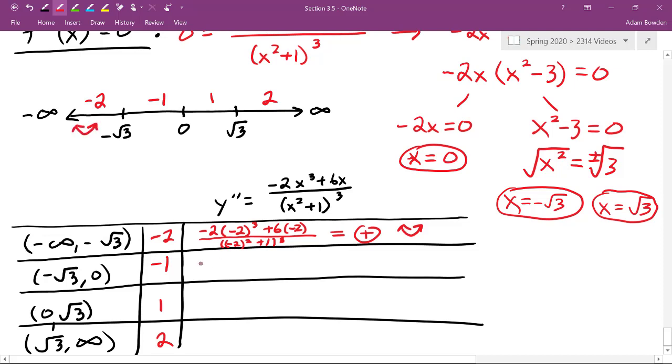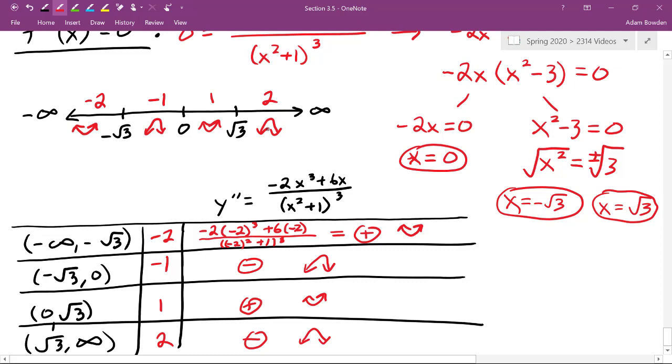If we plug in a negative 1, it's actually going to turn to a negative, be concave down. If we plug in a positive 1, it's going to turn back to positive, be concave up. And if you plug in a 2, it's going to turn back to negative and go concave down.